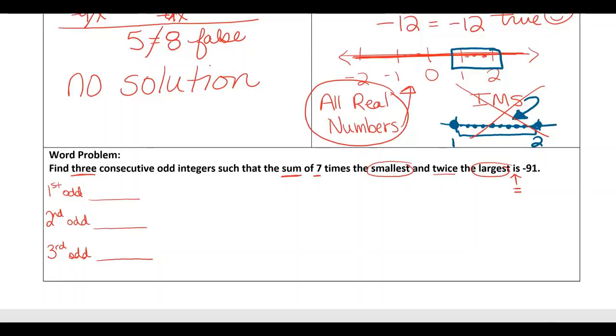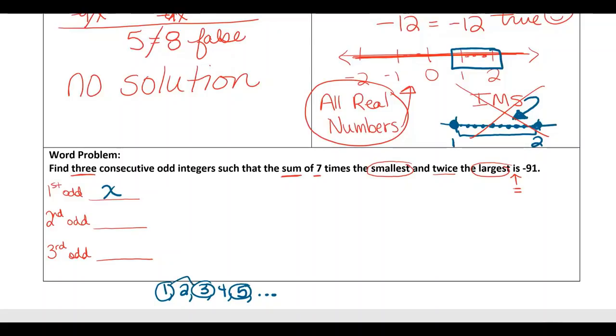So the first thing is we have to have a starting point. It is an unknown. So our first odd is our unknown. Now a little bit of math about numbers. 1, 2, 3, 4, 5, and so on, those are consecutive numbers. But this says odd. So 1 is odd, 3 is odd, 5 is odd.